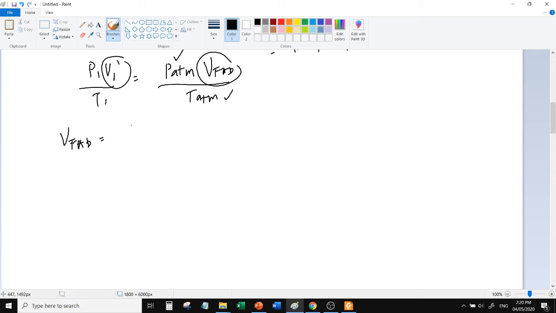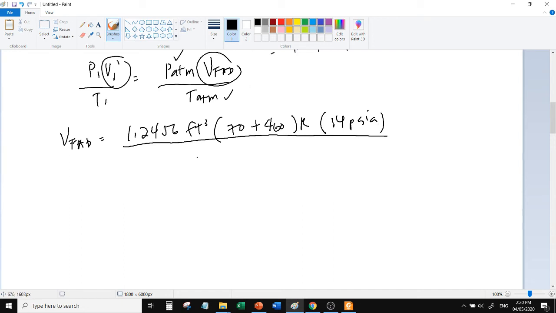It's simply 1.2456 feet cube times 70 plus 460 Rankine times 14 psia, divided by 80 plus 460 Rankine times 14.7 psia.